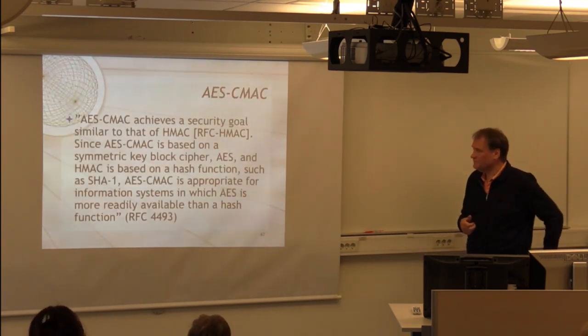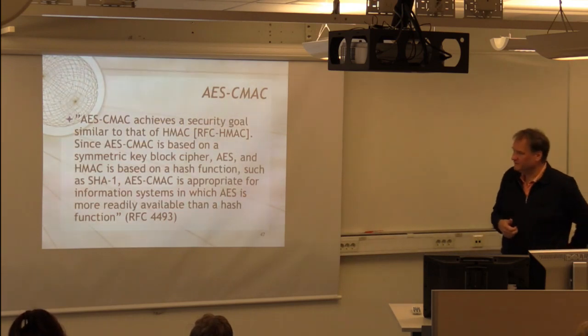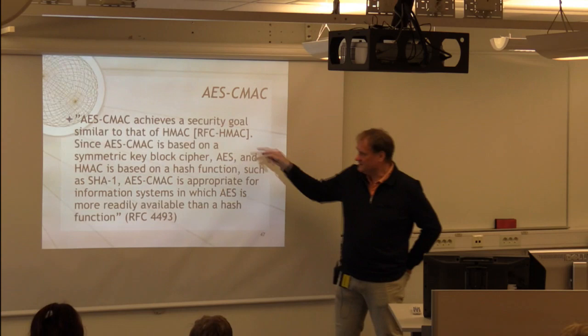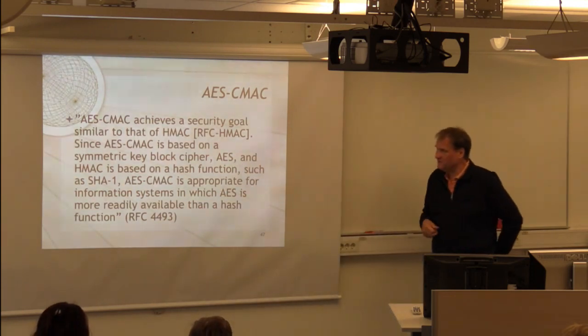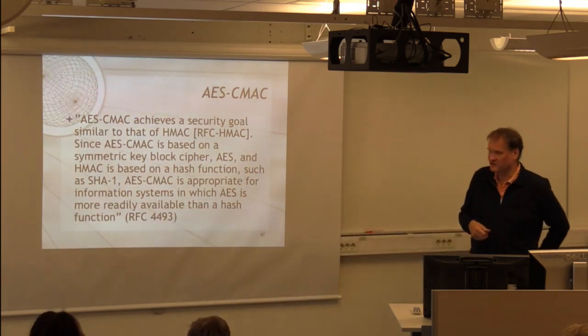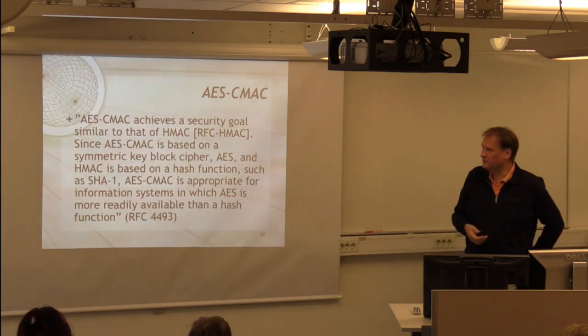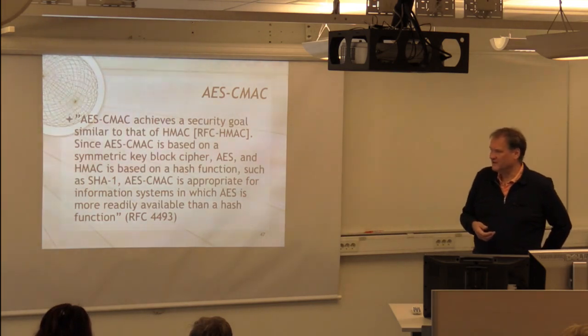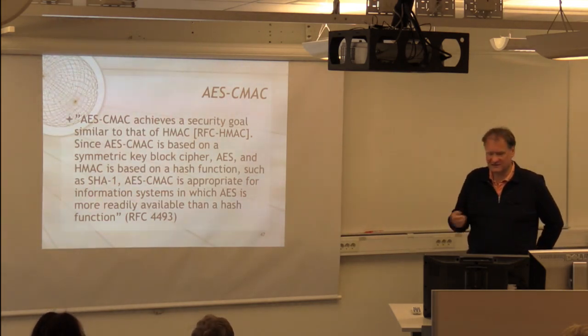This AES CMAC, what is that? Well, this is directly from the RFC for it. It says that AES CMAC achieves a security goal similar to that of HMAC, that we already know about. Since AES CMAC is based on a symmetric block cipher, AES, and HMAC is based on a hash function, that's a difference then.